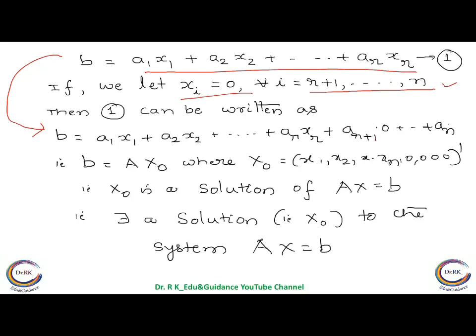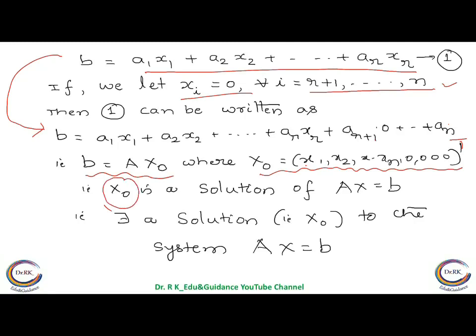From this, if we take the vector x0 defined as x1, x2, so on, xr, and the remaining entries all zeros, transpose, then B equals A into x0. So Ax equals B is the system which x0 satisfies.